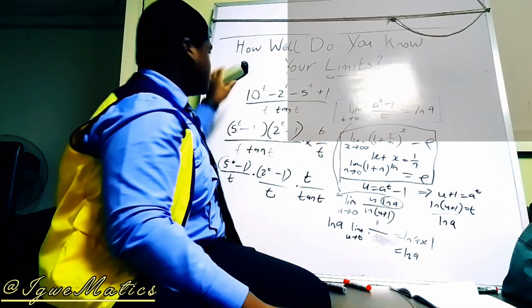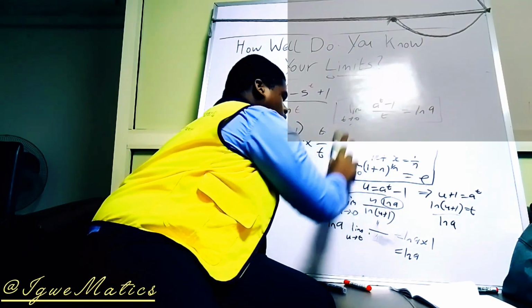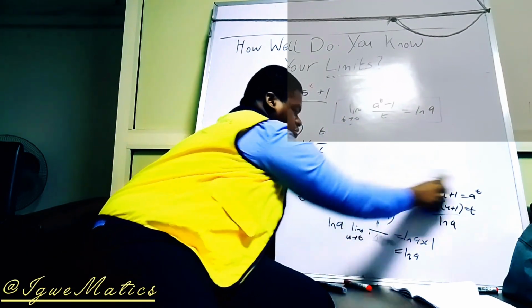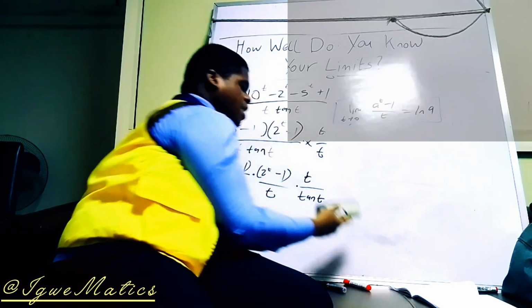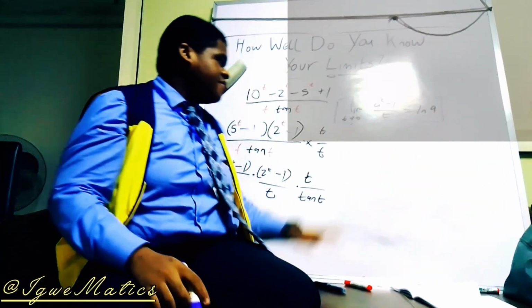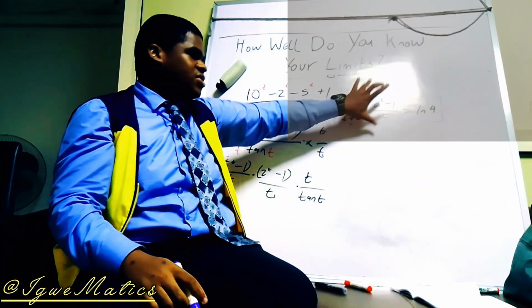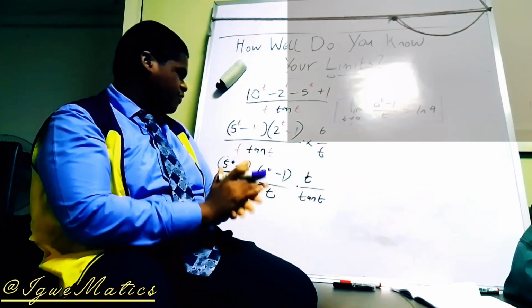Just like in some previous video, I believe I showed that sin x over x as x tends to 0 is equal to 1, and cos x minus 1 over x as x tends to 0 is equal to 0. So this is just another standard limit that we have. I just showed the proof behind that.